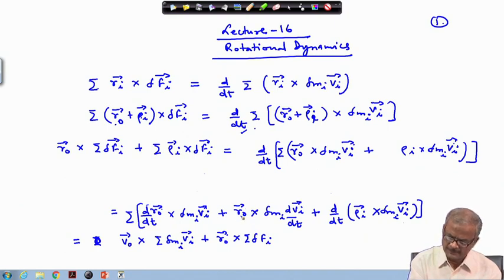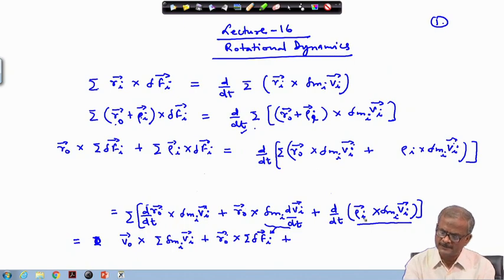Taking this summation, R0 is out of the summation and then cross, which is not depending on the summation, and this quantity we have written as delta f_i. Plus, now look at this quantity: rho_i times delta m times v_i.